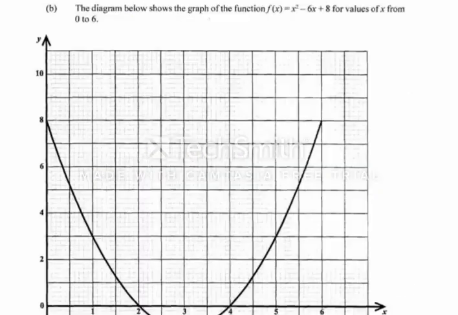Question number 9, part B. It says the diagram below shows the graph of the function f of x is equal to x squared minus 6x plus 8 for values of x from 0 to 6. So the domain, or the x values which are used in constructing this graph, is from 0 to 6.